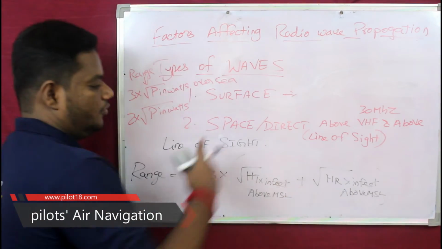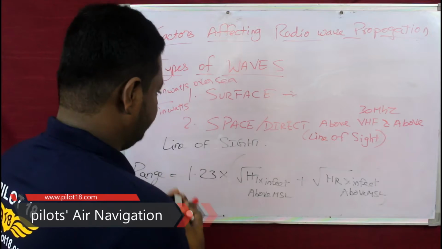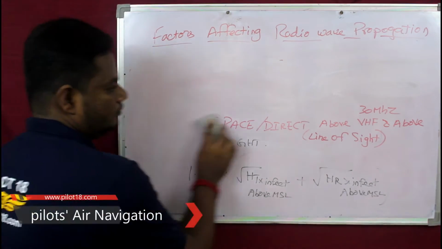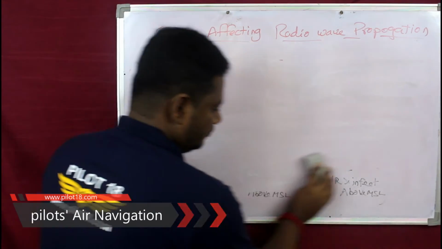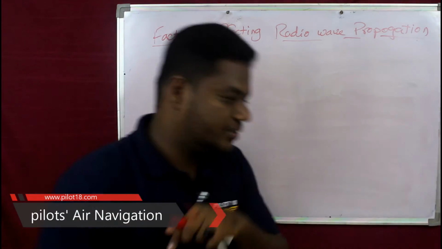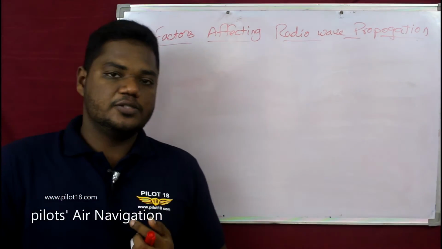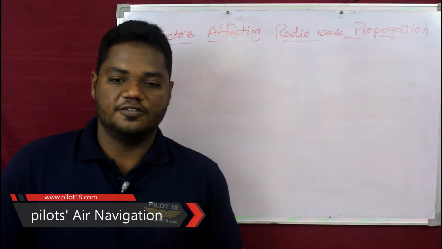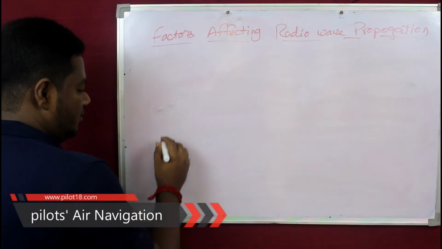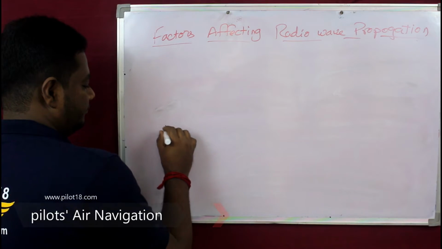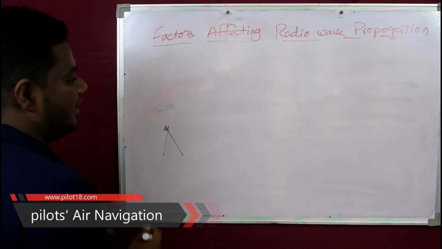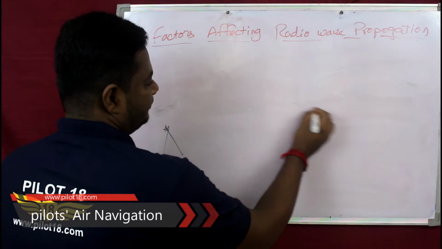Okay, let's come to sky wave now. Sky wave occurs mostly in the HF frequency band, right? So let's see what sky wave is. We have a transmitter, and we have an aircraft here.